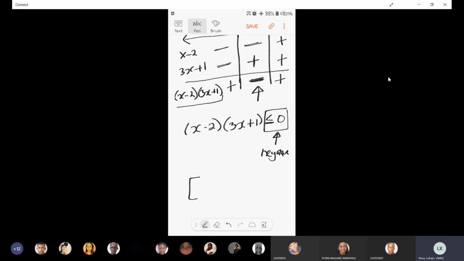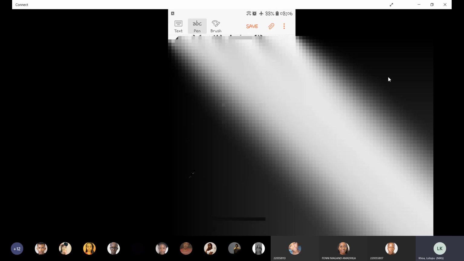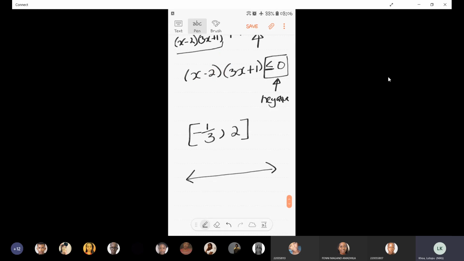And then I have -1/3 to 2. Or I could represent this on a number line, -1/3 to 2. My circle is shaded. This is shaded. And then I connect them like that.